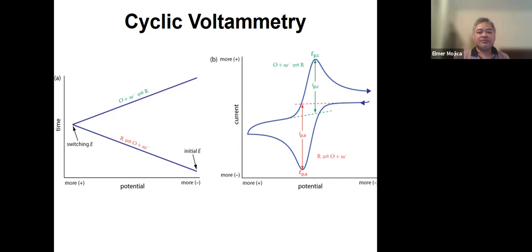And if you have an electroactive species, you're going to have a shape like this, like a duck. Okay. And this information is useful. It gives you an idea what are the electroactive species that you have there in a given system.